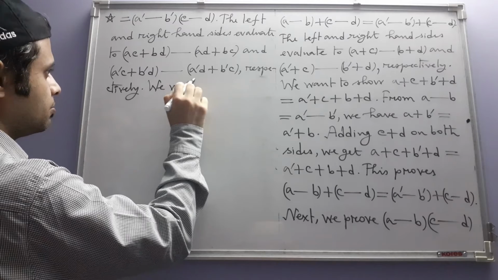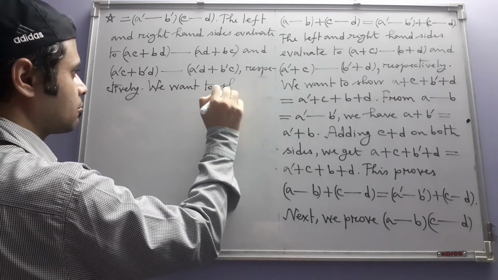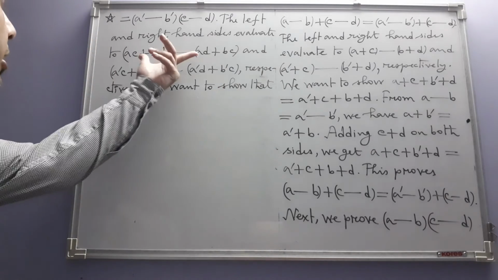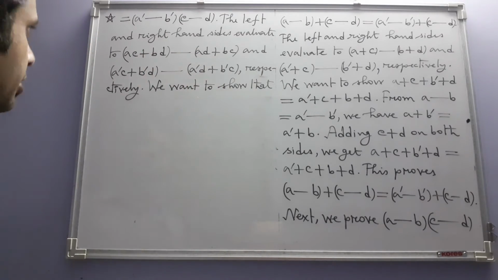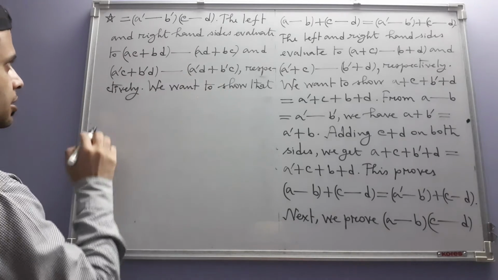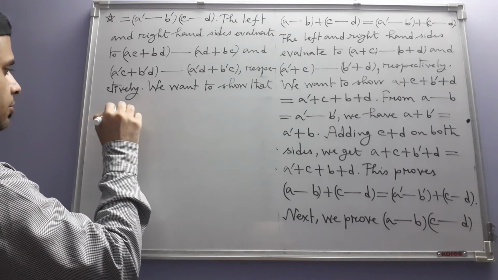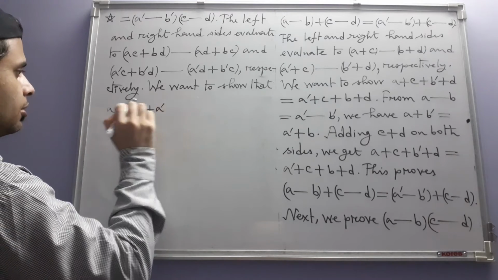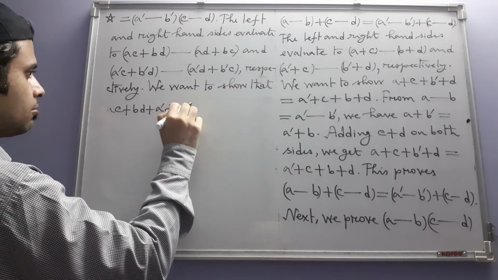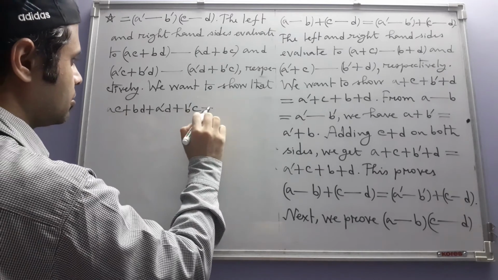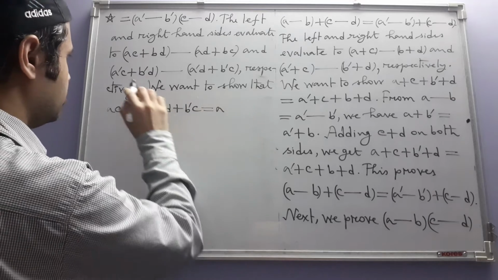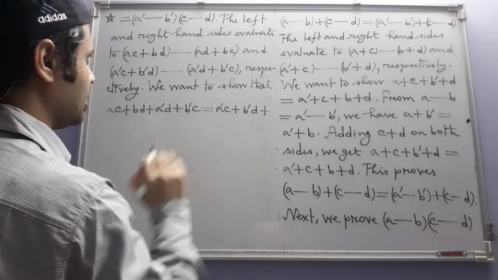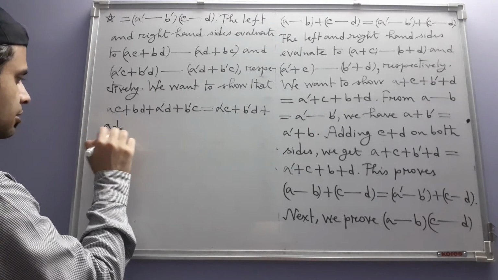We want to show that these two integers are equal. That means this plus this, ac plus bd plus a prime d plus b prime c should be shown to be equal to a prime c plus b prime d plus ad plus bc.